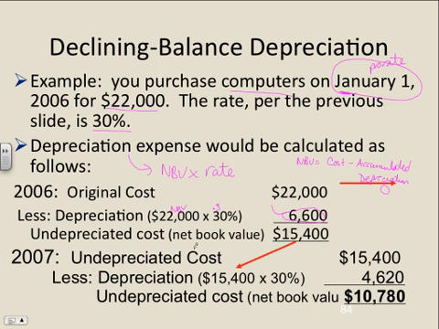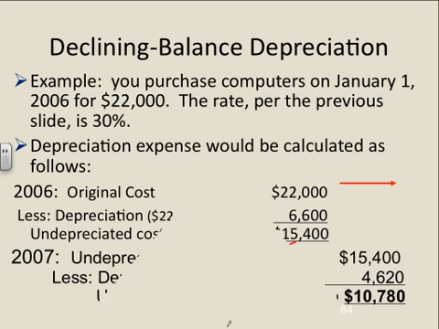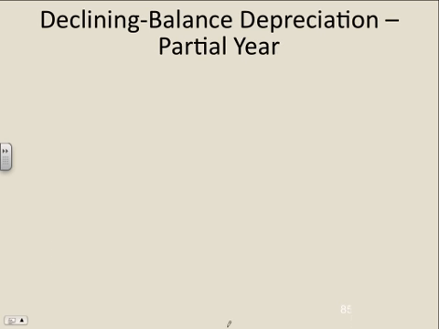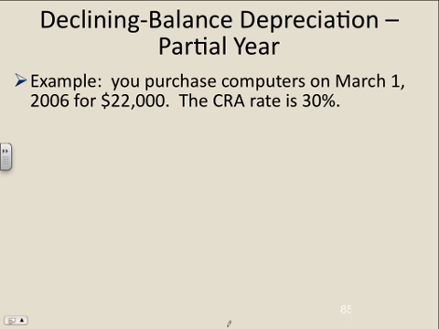In the next year, because our formula is net book value times rate, we're going to take our net book value, which is $15,400, times our rate to get $4,620. And therefore, once you subtract that depreciation, we're going to get a net book value of $10,780. I'm going to show you how to put it in a table in a minute because it's much easier, but that just gives you an idea.